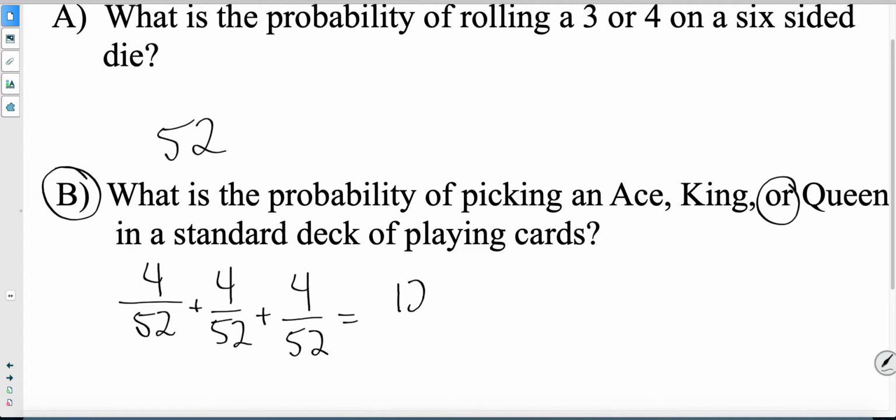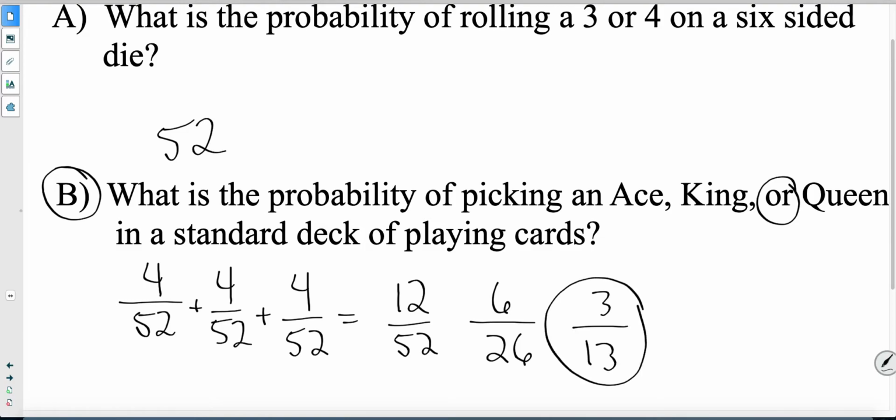So that's 12 out of 52, which you would then reduce down. So we can take a 2 out, and that gets me to 6 out of 26. We could take another 2 out, gets me 3 out of 13. Okay, so the probability of getting one of those is 3 out of 13.